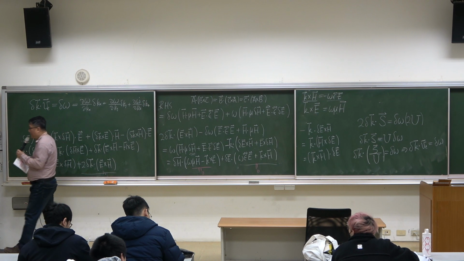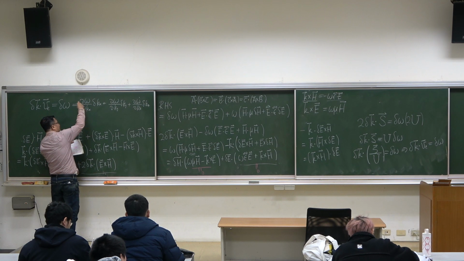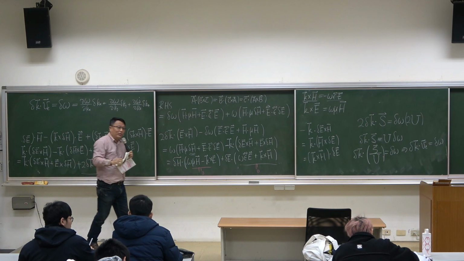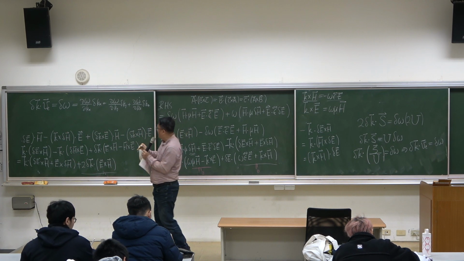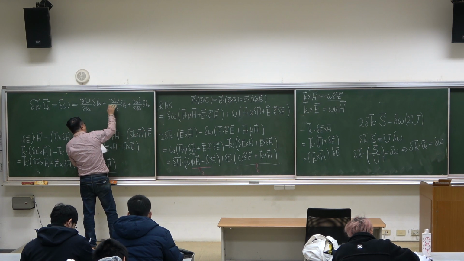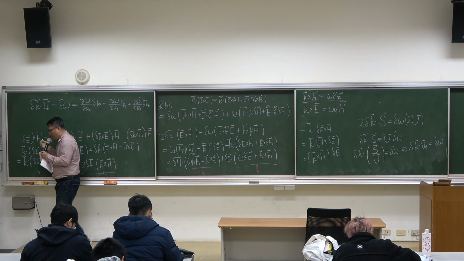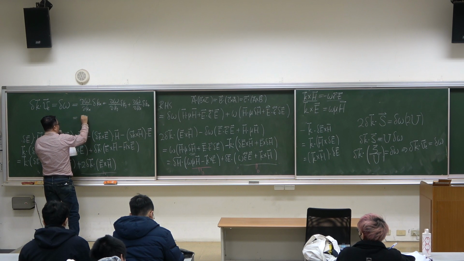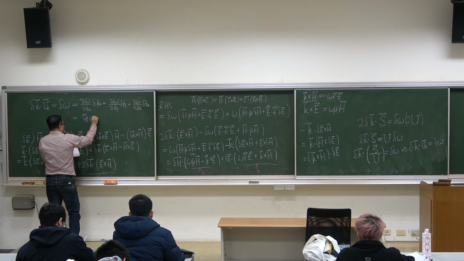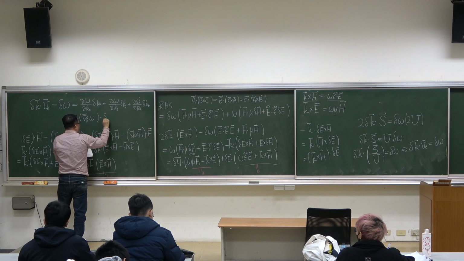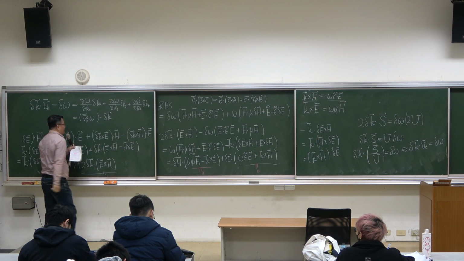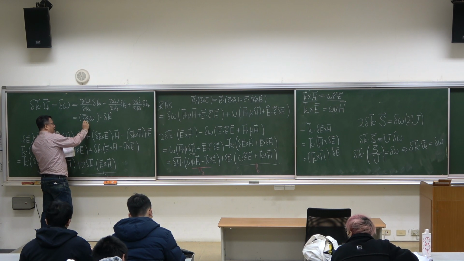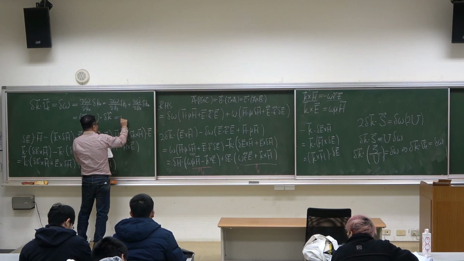This is the chain rule, and the three factors are just the three components of the gradient of omega. And delta k1, delta k2, delta k3 are just the three components of the delta k vector. So I can write this as del k omega dot delta k. But according to our definition of group velocity, del k omega is nothing but the group velocity.